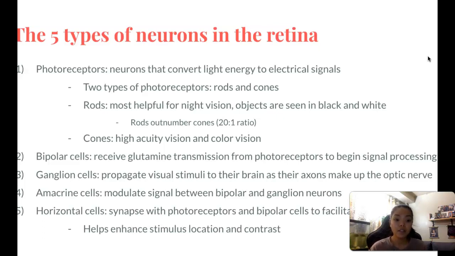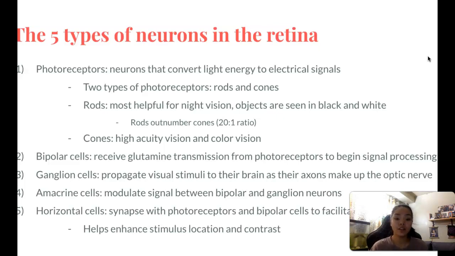Next are bipolar cells. Bipolar cells receive glutamine transmission from photoreceptors to begin signal processing. Then there are ganglion cells, and they propagate visual stimuli to the brain as their axons make up the optic nerves. Then there are endocrine cells, and they modulate signal between bipolar cells and ganglion neurons.